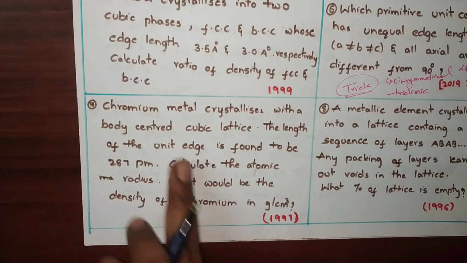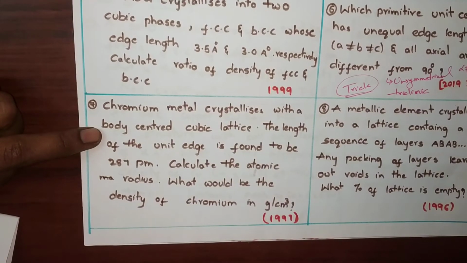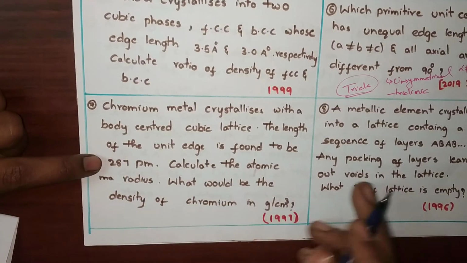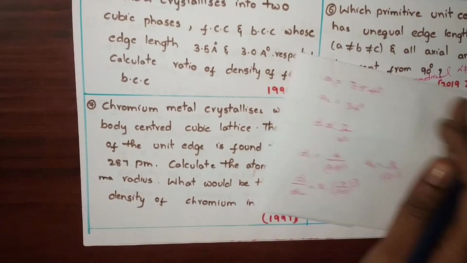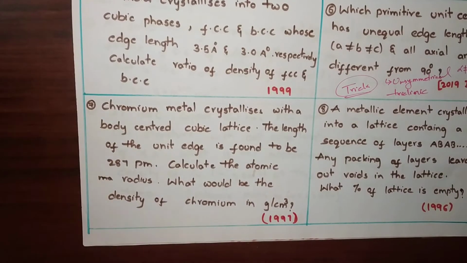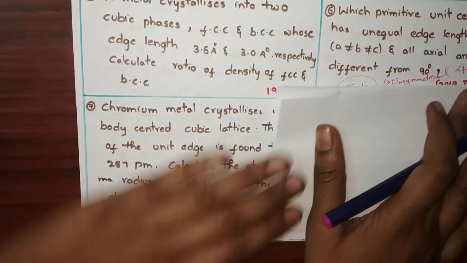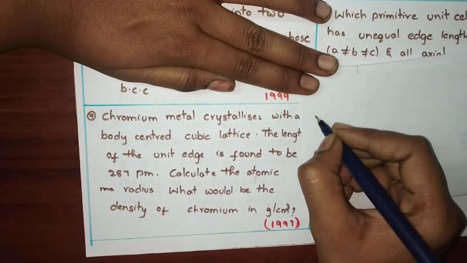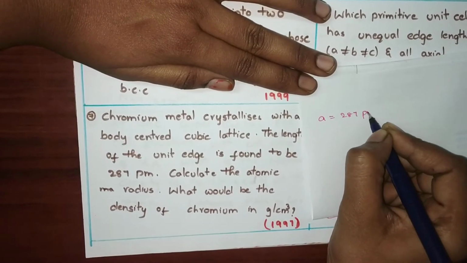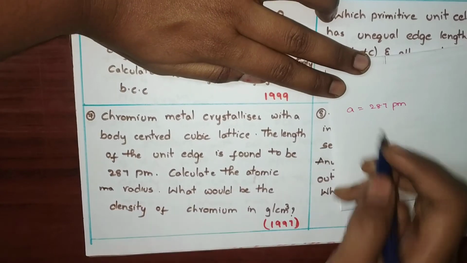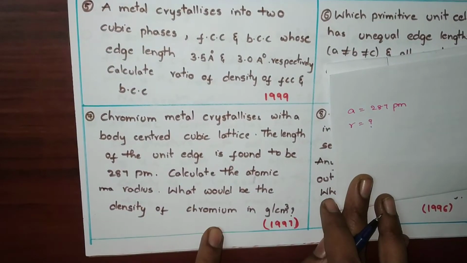7th question. Chromium metal crystallizes with a body centered cubic lattice, BCC. Length of unit edge is found to be 287 picometer. A value is given, right? A is 287 picometers. Calculate the atomic radius and what is the density.